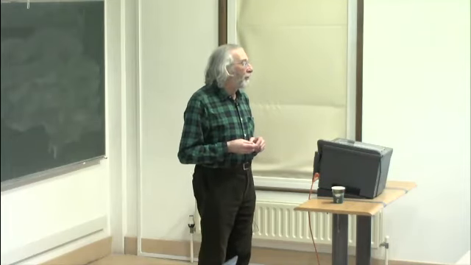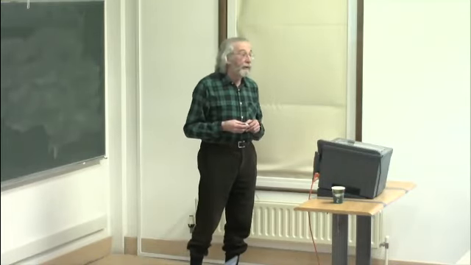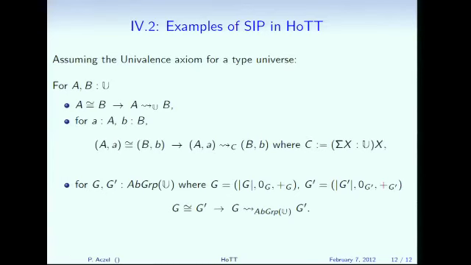So a key question for me is, what is the logical strength of homotopy type theory with the univalence axiom? I would like to think that it's not much stronger than dependent type theory itself, and therefore there should be a much more constructive model construction. But I certainly don't know that. So that to me is an important question.